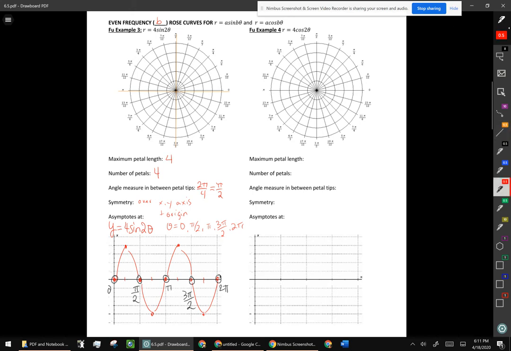Now notice this maximum right over here, that is 4 units away from the pole in the direction of pi over 4. That's right here. So I'm going to label that A. Okay. Over here, notice from pi over 2 to pi, right?